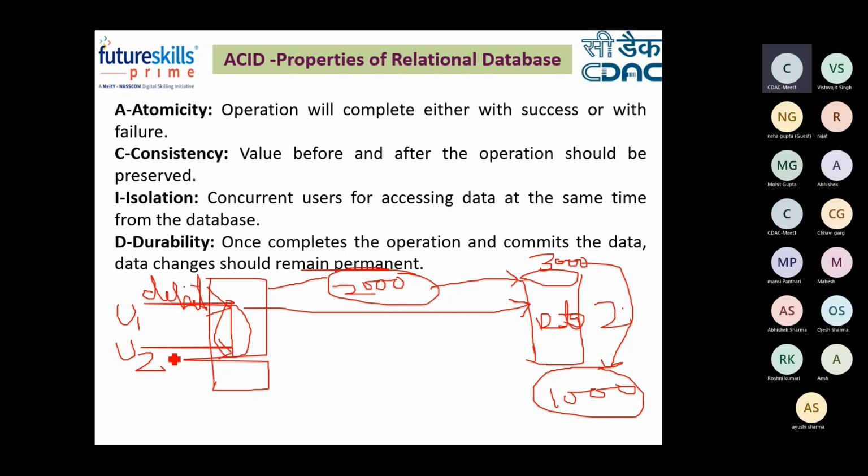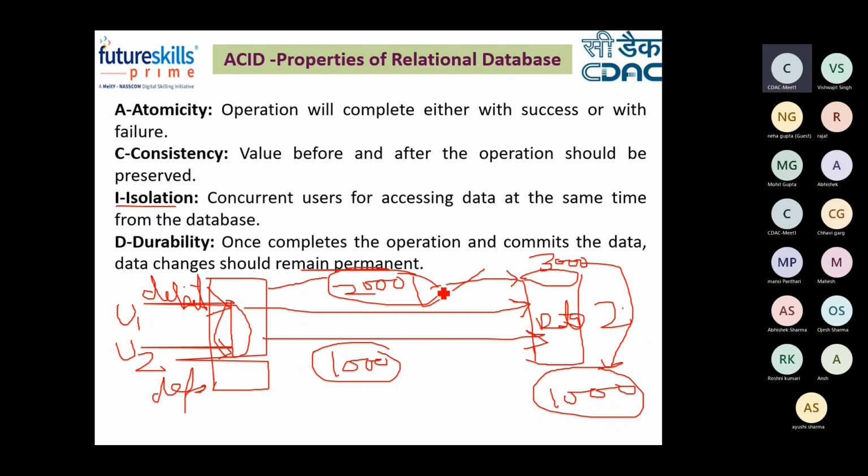Suppose user 2 is depositing 1000 rupees in their account. At the same time, one person is taking an amount from the bank and a second user is depositing an amount into their account. Consistency will not be affected whichever kinds of operations are performed by concurrent users at the same time.